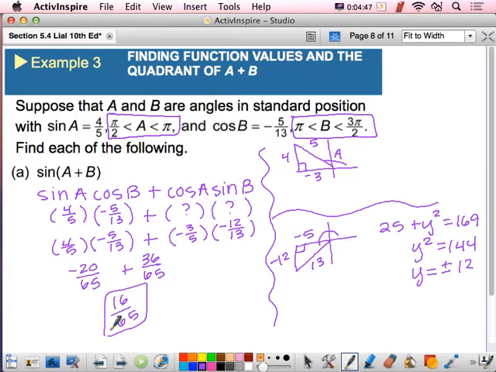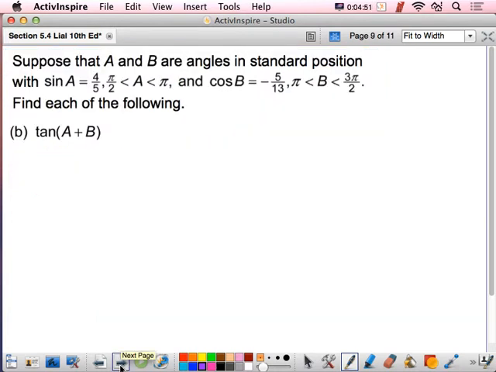Make sense? Now we want to take the same problem. We want to find the tangent of A plus B. So we still know the same things. Now, one way to work this problem would be to use the two we were given. We were given sine of A is 4/5, and we were given cosine of B is -5/13.